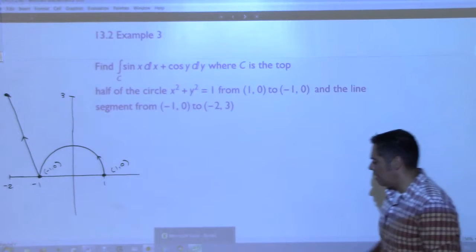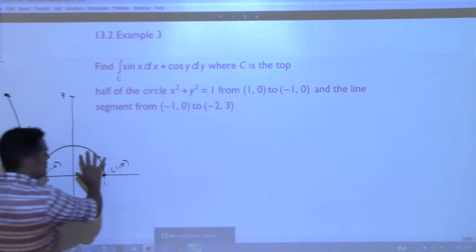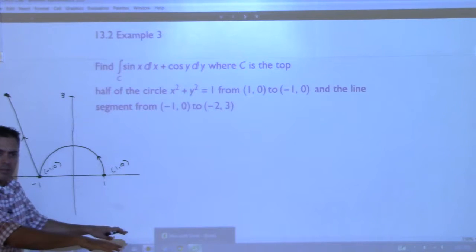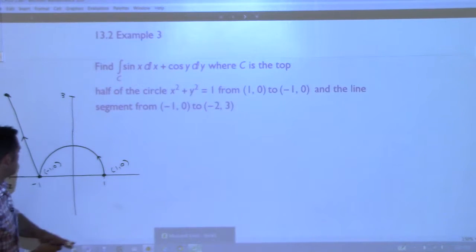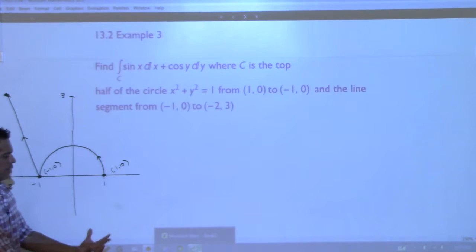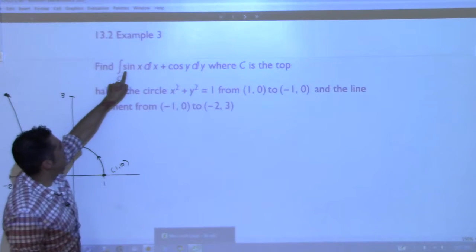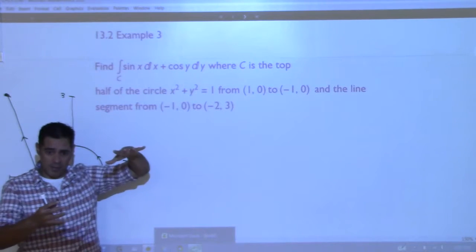Can you visualize this domain laying on the ground? What we're doing is taking every point along this path, curve C, and putting those into the surface. First, we put all those points in C into sine x, which is some surface.